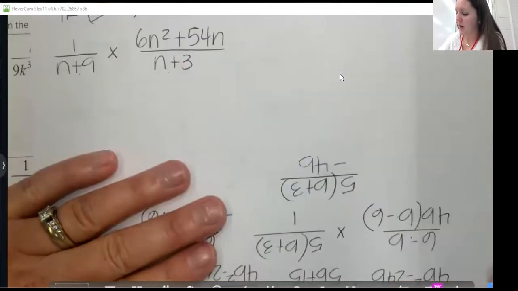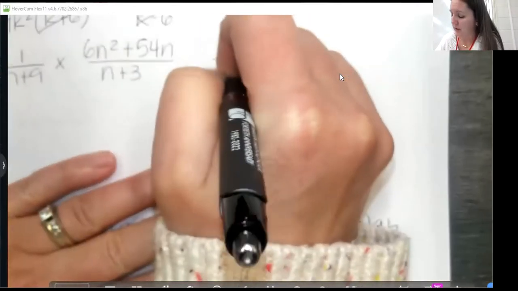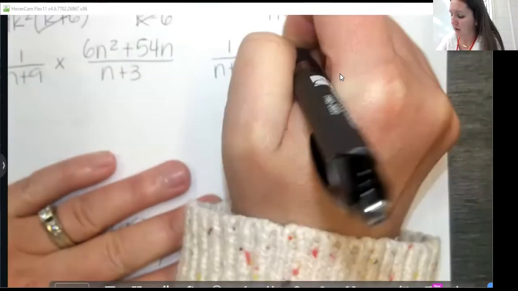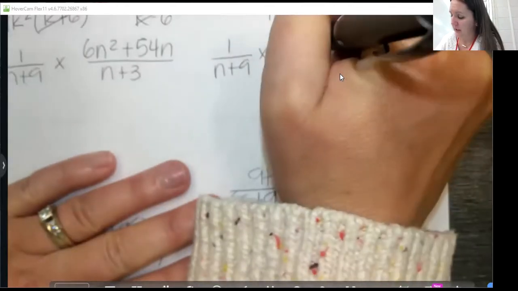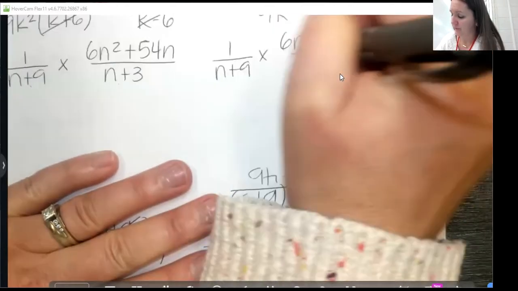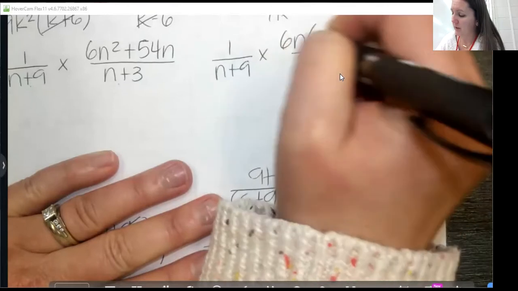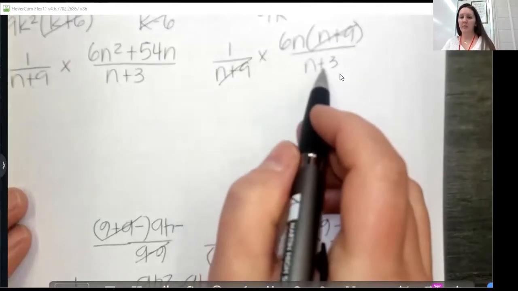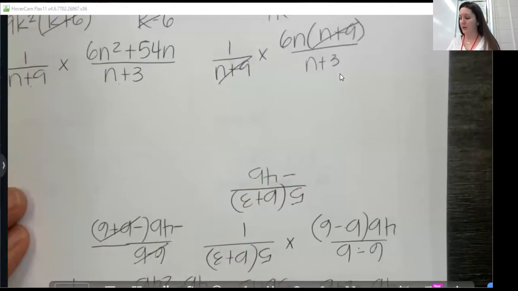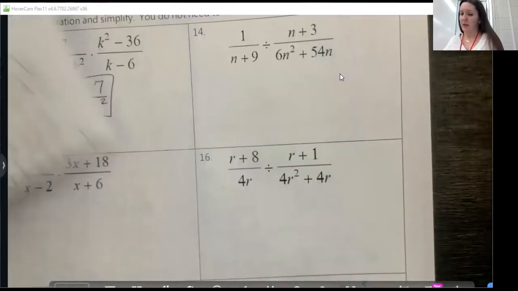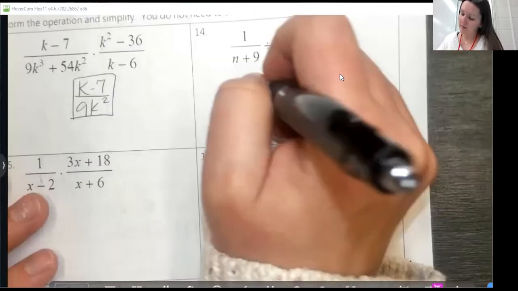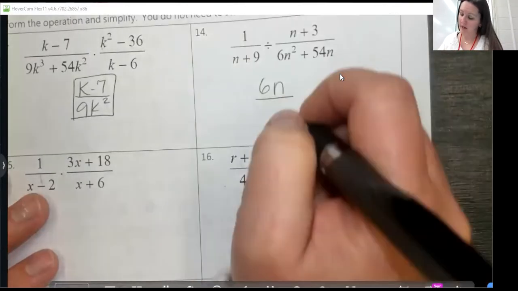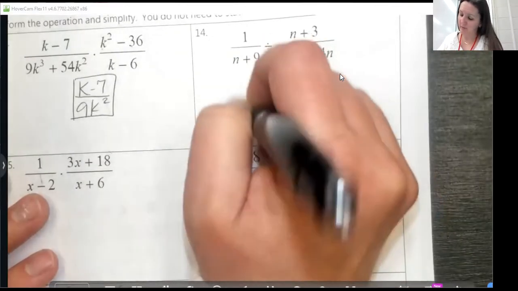Let's factor this top expression here. So I have 1 over n plus 9 times, can pull out a 6n, and I have an n plus 9. That's nice. Divided by n plus 3. So all that cancels is those. These cannot cancel again because we are adding here, so we can't cancel that. So your answer is 6n divided by n plus 3.